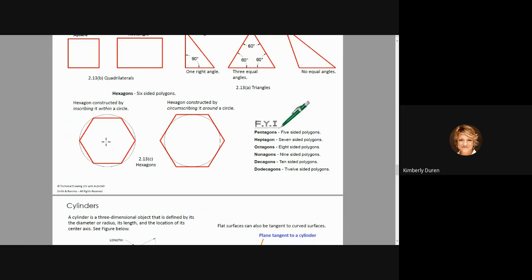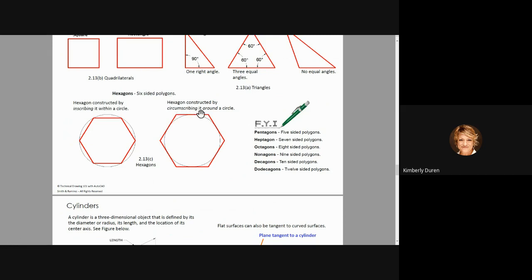And that's how we define it. So you have to draw things in AutoCAD to a certain size. You can't put a dimension on it and have it change like it does in a 3D modeler. Can't do that. You have to draw it to size. And so we draw this circle, and this wouldn't be the way that I would do this one. If you go circumscribed, that means outside. I just remember inscribed is inside. The other way is outside.